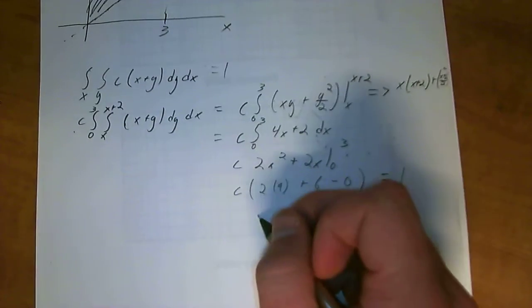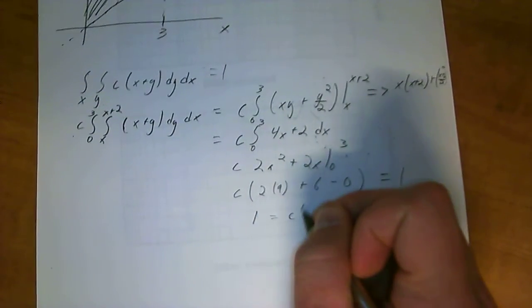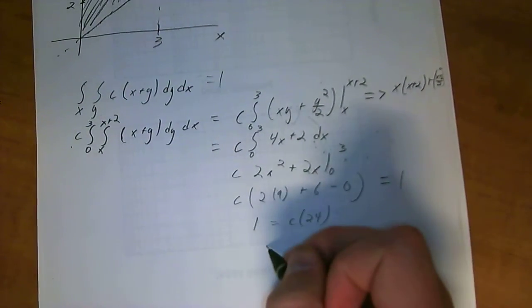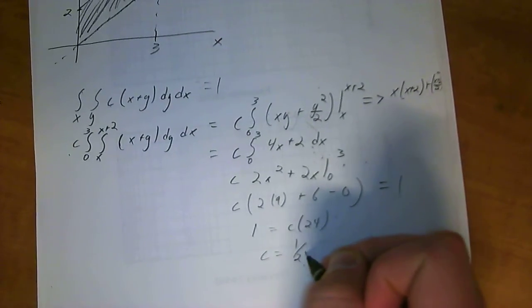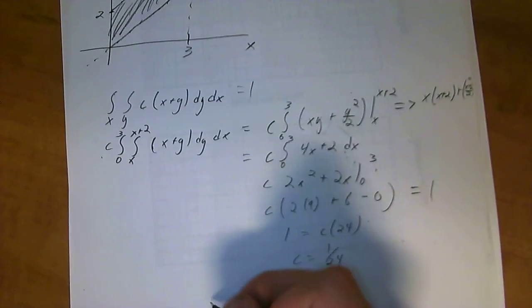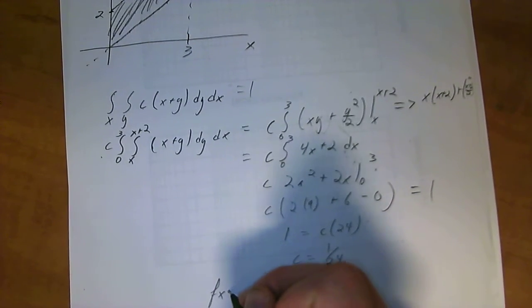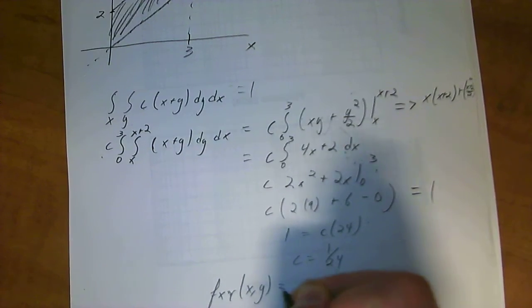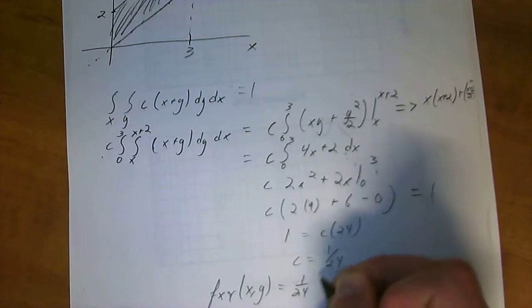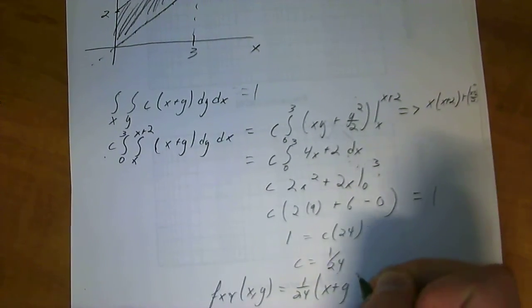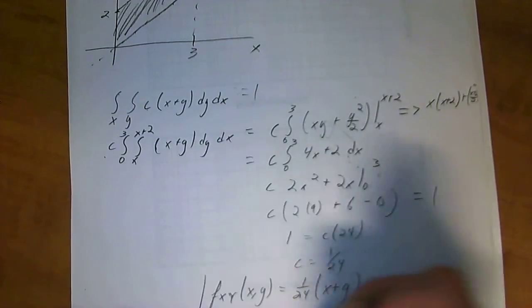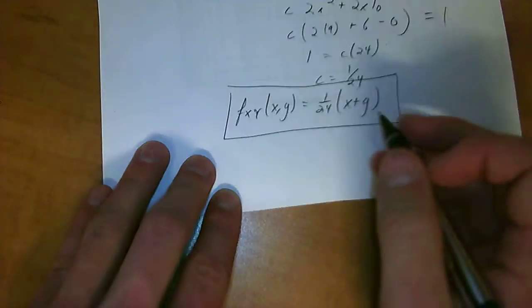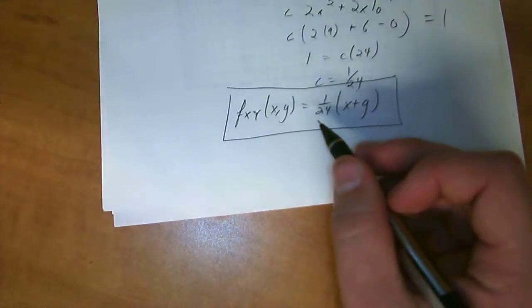And then you have 1 is equal to c times 24. So c is equal to 1 over 24 for this continuous range. So then our joint PDF, f(x,y), is equal to 1 over 24 times (x plus y). And that is your joint PDF for this problem.